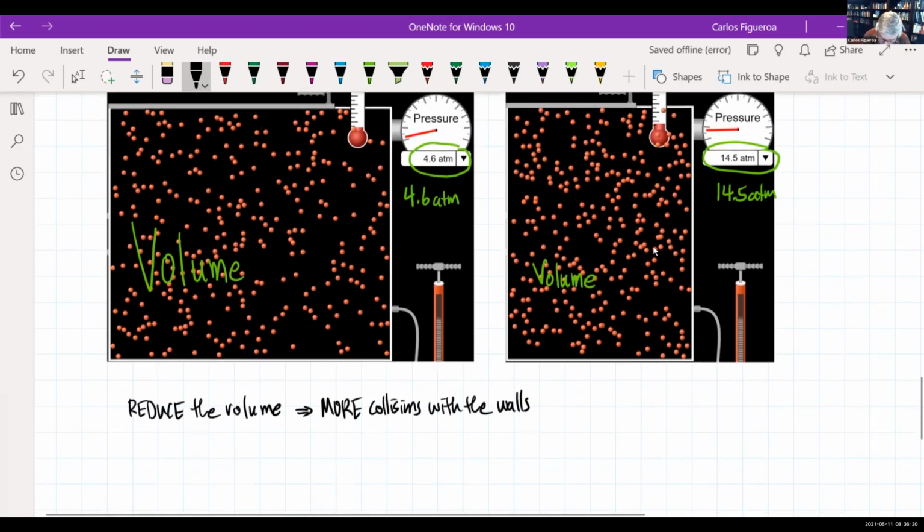So when I reduce the volume, what you're seeing is the work of the walls increasing kinetic energy, and we see that in the temperature.